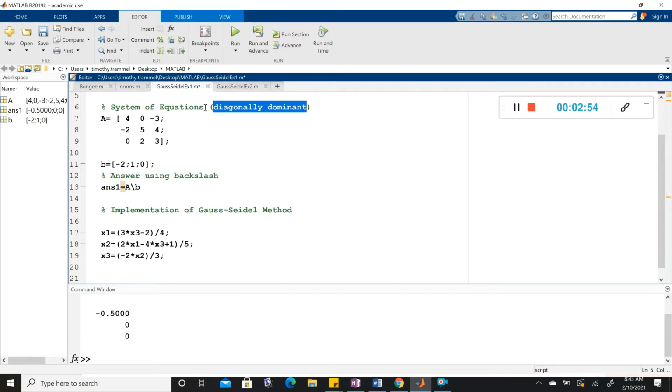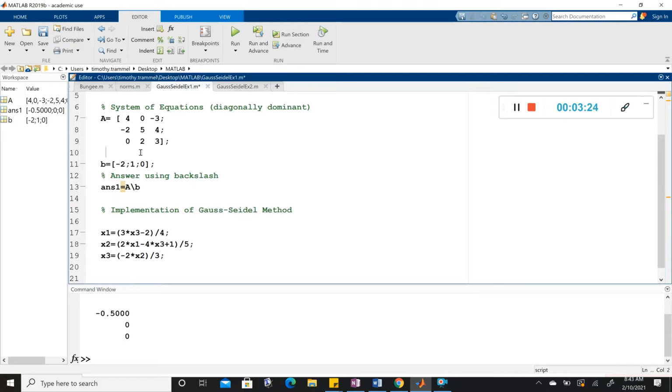What that means is that the diagonal elements are larger than everything in their row. You can see this 4 is bigger than the 0 and the minus 3. The 5 is bigger than the minus 2 and the 4. And the 3 here is bigger than the 2 and the 0. So this is considered diagonally dominant.